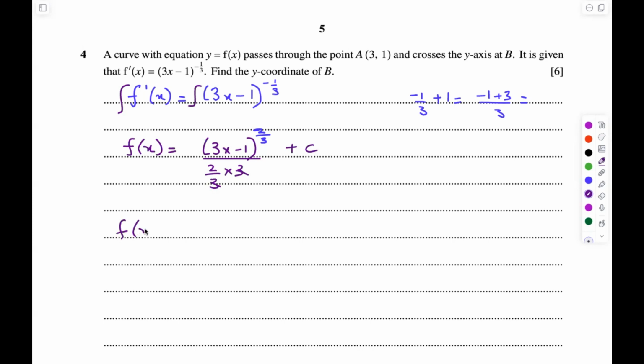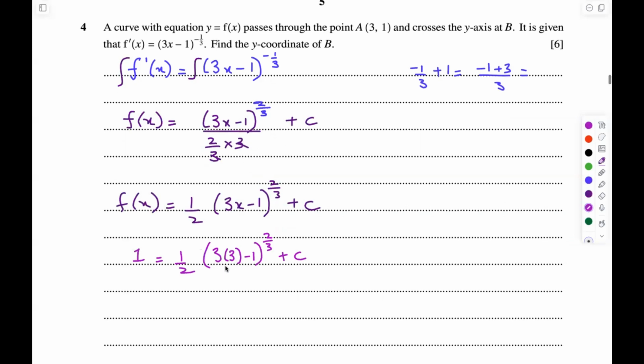So f of x will be equal to 1 upon 2 into (3x minus 1) to the power 2 upon 3 plus c. Now it says that it passes through the point A, which is (3, 1), which means when we substitute x equals 3, y will be equal to 1. So 1 is equal to 1 upon 2 into (3 into 3 minus 1) to the power 2 upon 3 plus c.